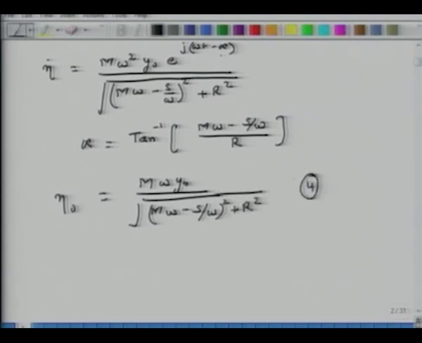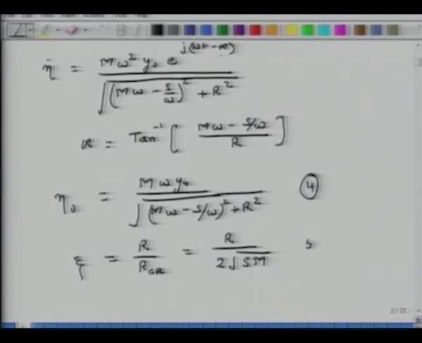I call this 4. So now I introduce another term, eta equals r over r critical. R critical is my critical damping coefficient, and this is essentially twice the square root of mass times stiffness.